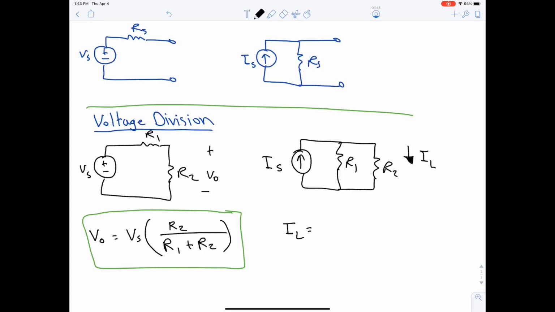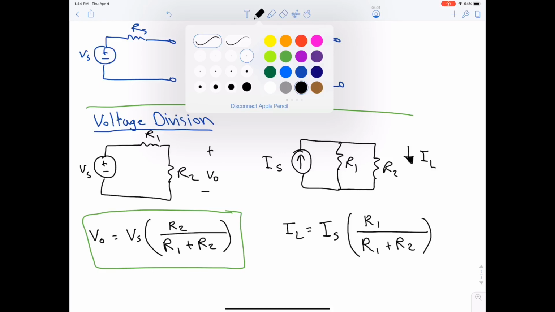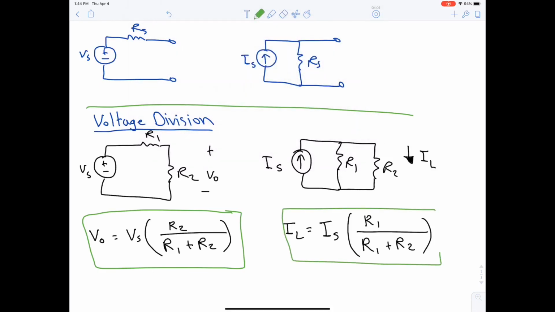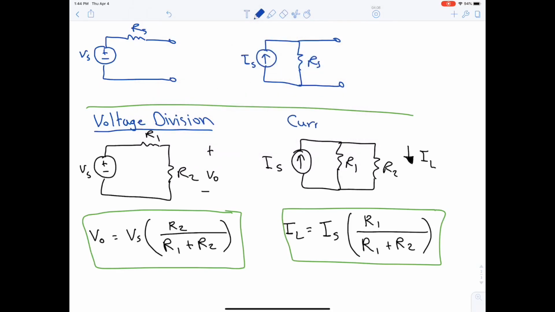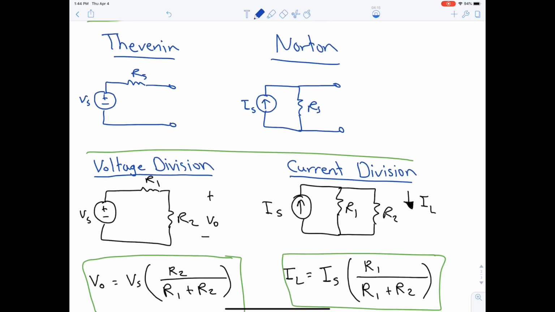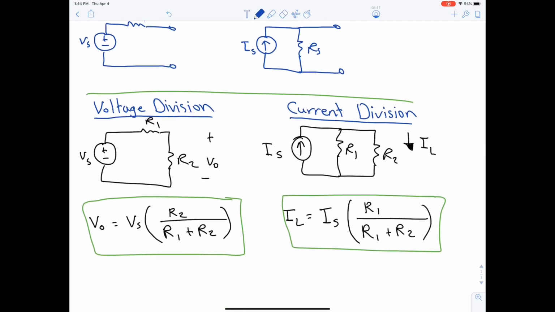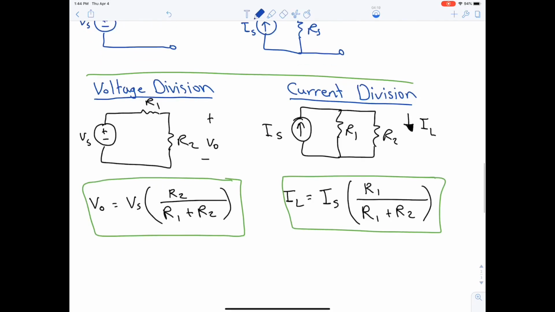Current division says the total current multiplied by the resistance that is far from me, for example R1, divided by the total R1 plus R2. That's current division. So far we have discussed Thevenin, Norton, how to use voltage division and how to use the current division.